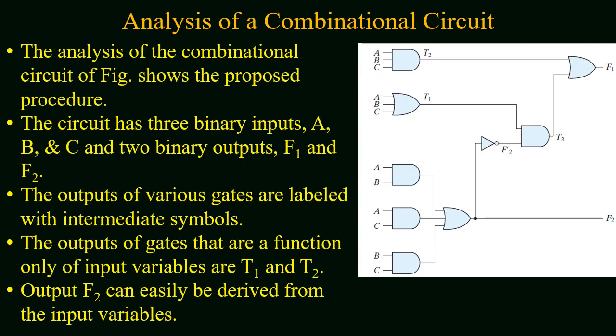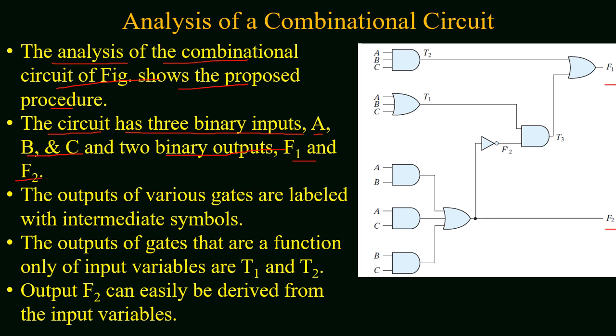Now in the given example, we will make the analysis of a given combinational circuit with the help of the steps defined earlier. First of all, we will define the inputs. The circuit has 3 binary inputs labeled as A, B and C, and the circuit has 2 outputs, labeled F1 and F2.